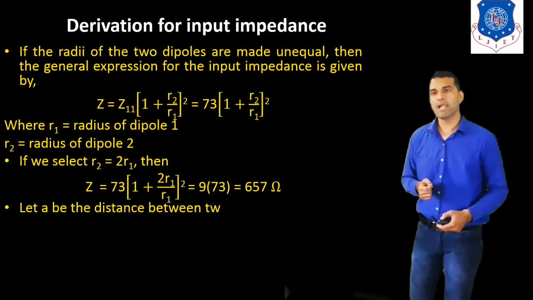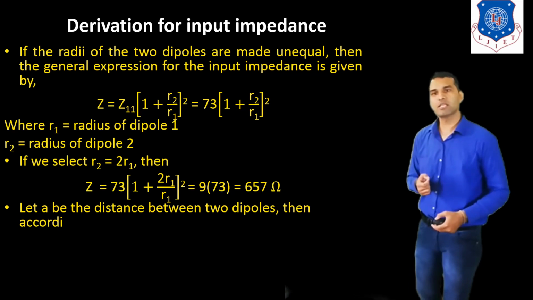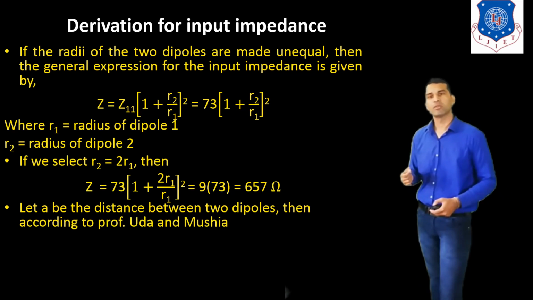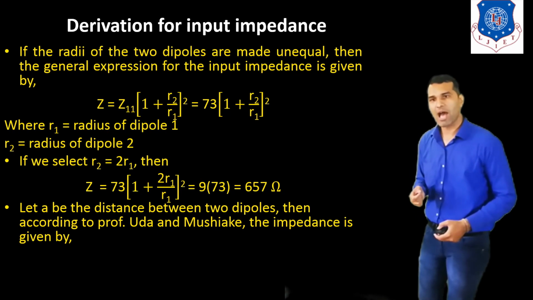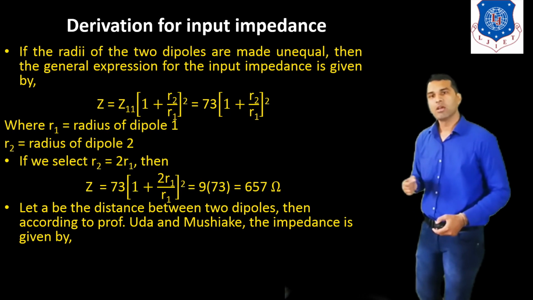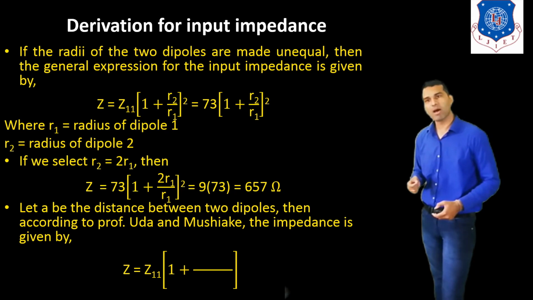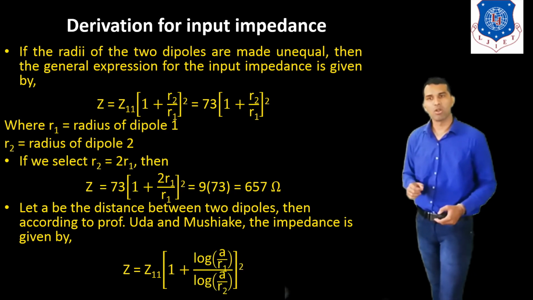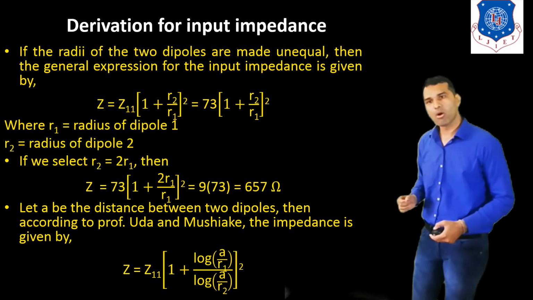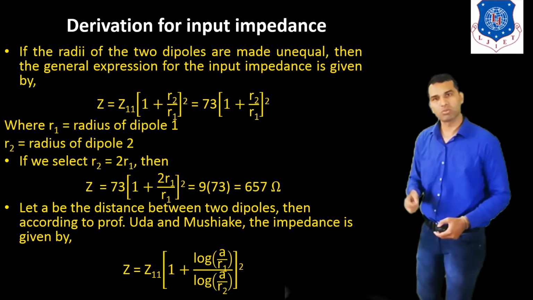Now let A be the distance between the two dipoles. Then according to Professor Yagi and Uda, the impedance is given by Z equals Z11 into (1 plus log A upon R1 over log A upon R2) squared.